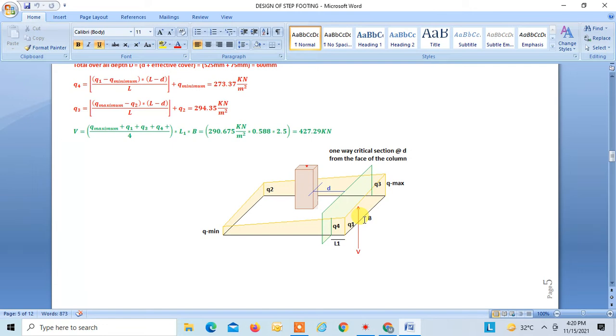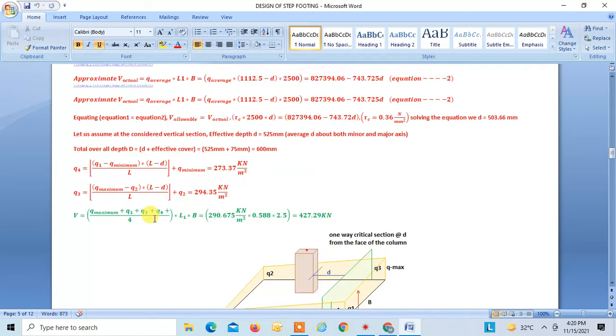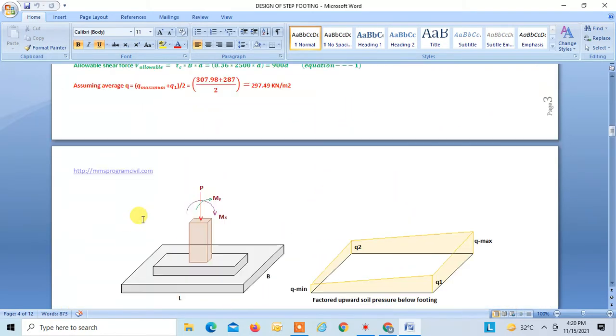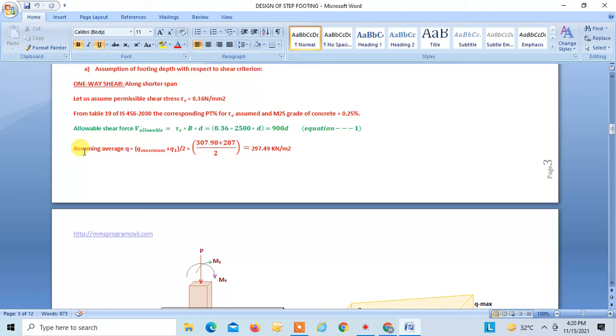So we are just taking an average of Q max and Q1 as our Q, just for the purpose of assuming an effective depth D, right? So I have taken average Q equal to Q maximum plus Q1 divided by 2, that is equal to 297.49 Newton per mm square.